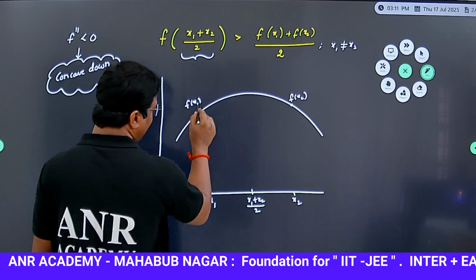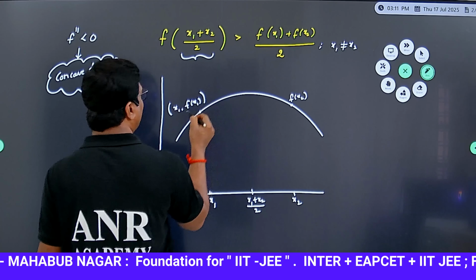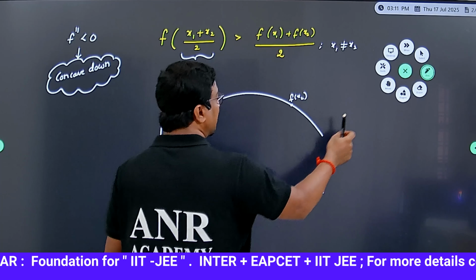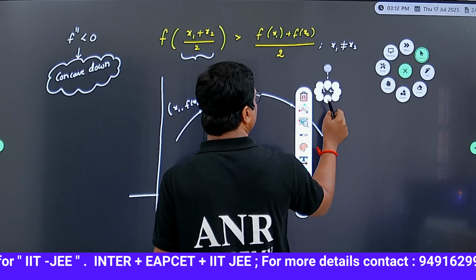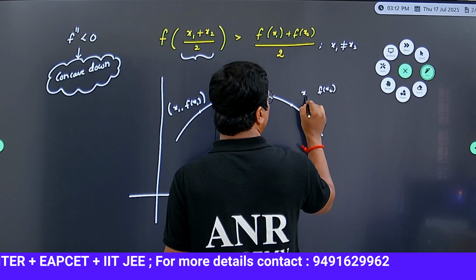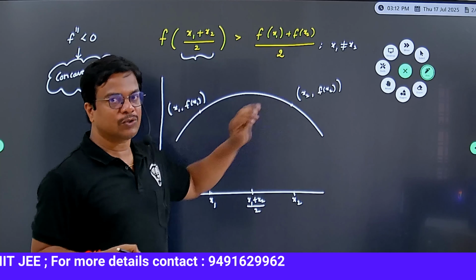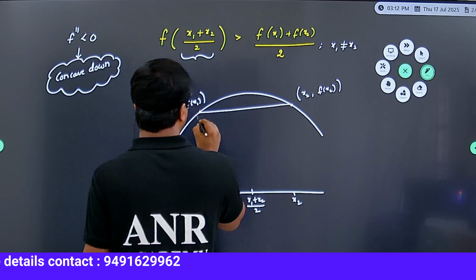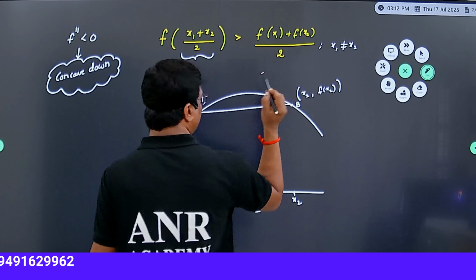It is of height f of x1 and the point is denoted by x1 comma f of x1, and this is the point denoted by x2 comma f of x2. These are the coordinates of these 2 points. Now I am going to join these 2 points. Suppose that this is some A and this is another point B.